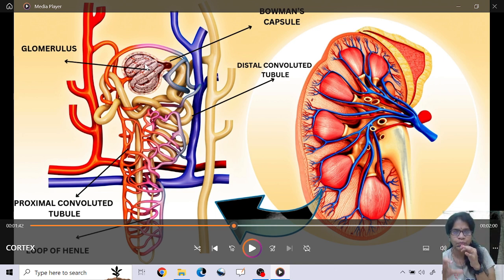So when the result comes out, you will be shocked to see that creatinine is at a higher level, which says that the kidneys are not properly functioning.